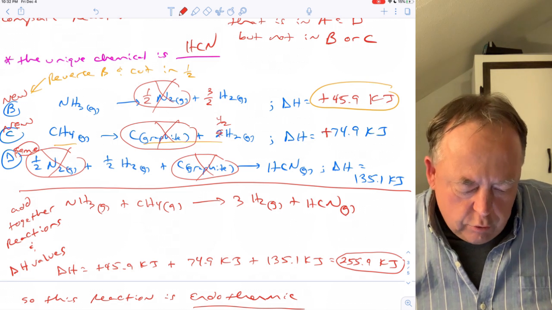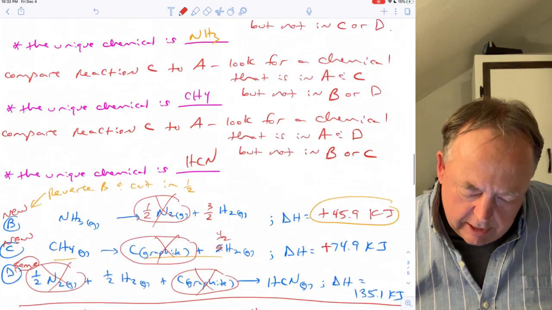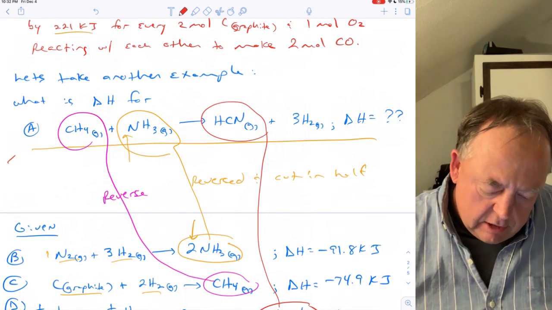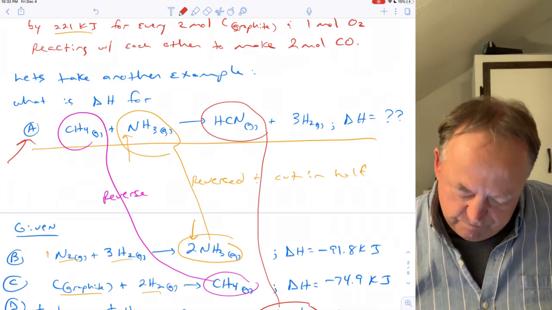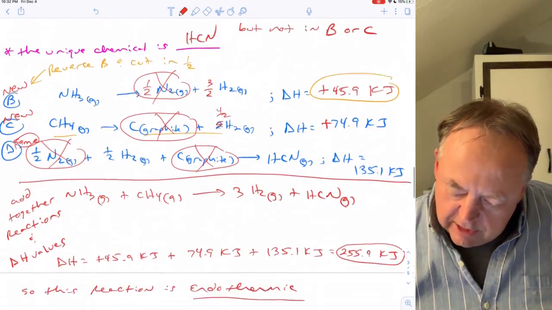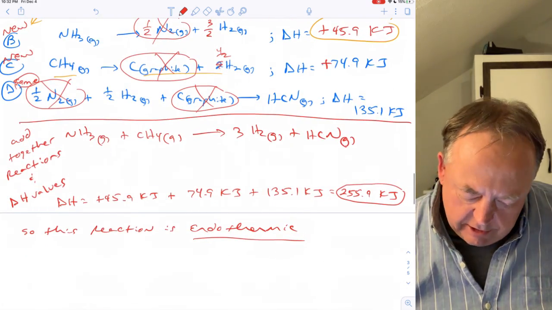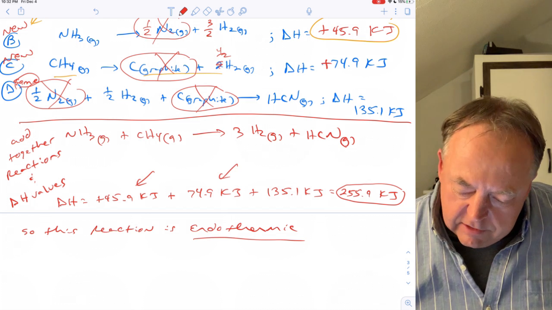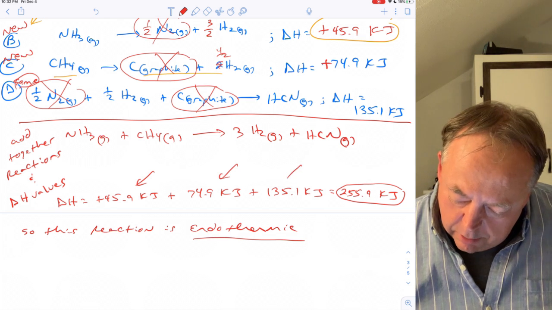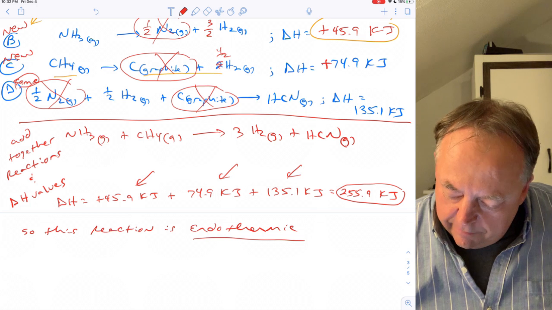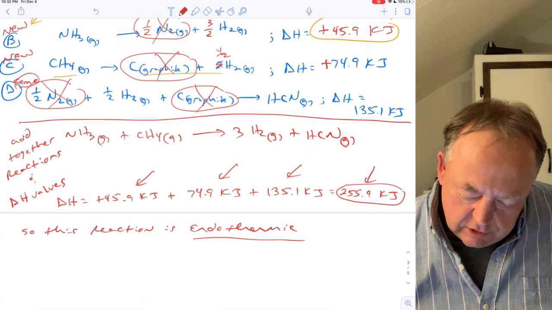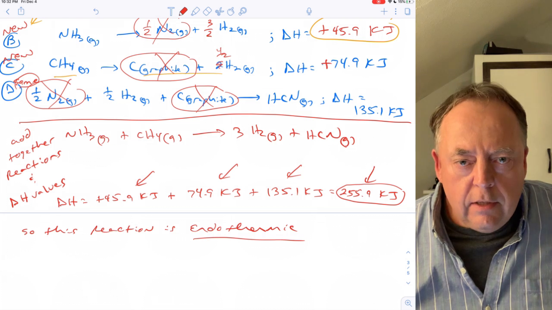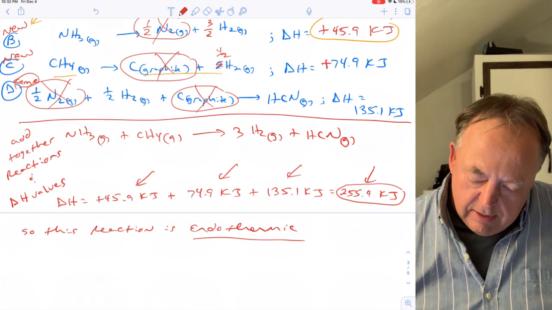So if we add those three equations together, that's the equation we get out, which is the equation that we are interested in to begin with, A, right? So now we just have to add these three values of delta H together. Positive 45.9 plus positive 74.9 plus positive 135.1 gives us an answer: the delta H for this reaction is 255.9 kilojoules, right?